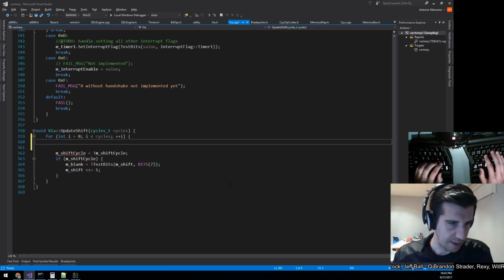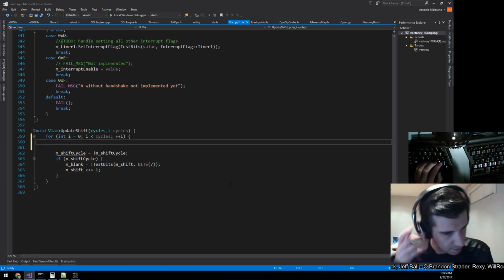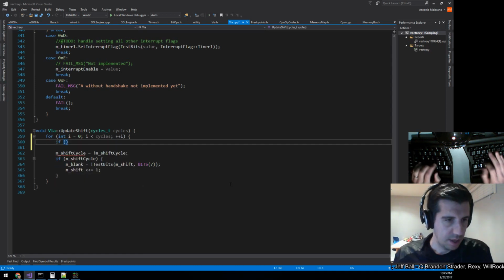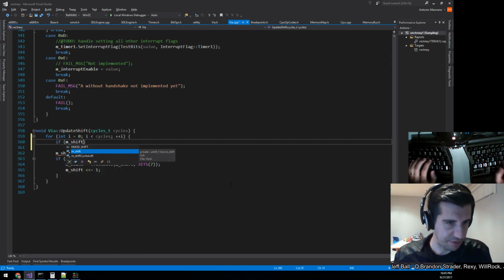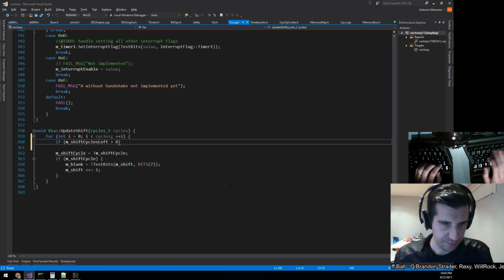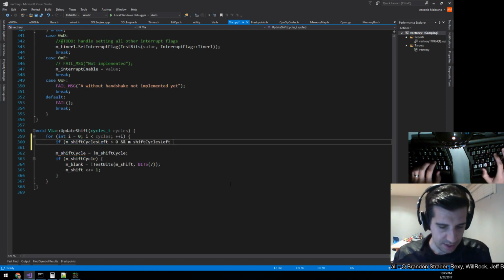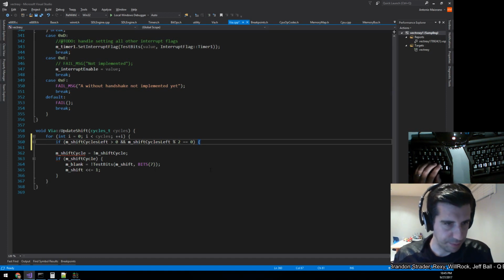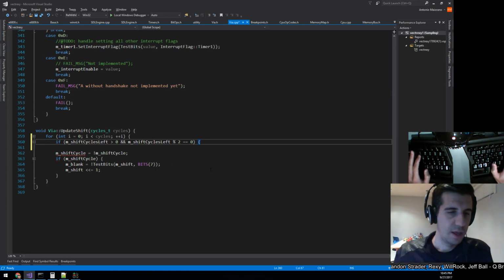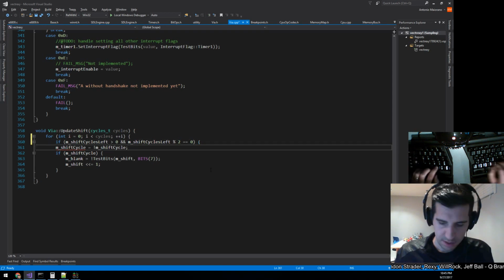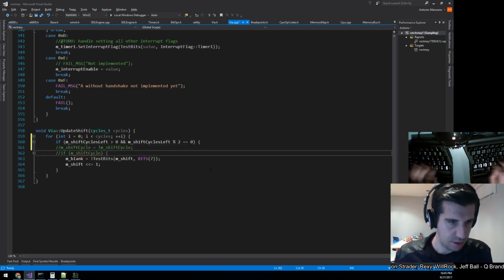We'll say if the M shift cycles left is greater than 0 and it is an even number, we do it.